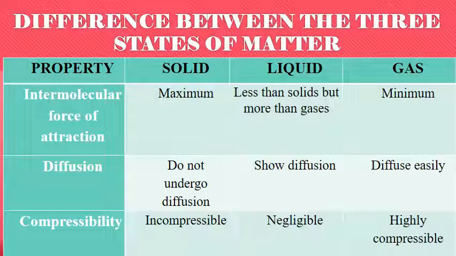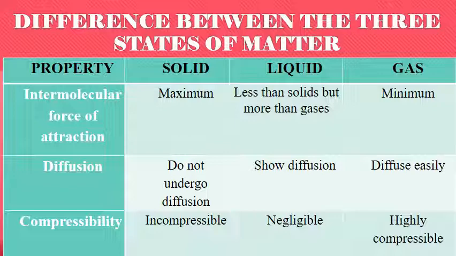Now what type of questions may come from this part of the chapter? You may be asked to write the difference in the properties between a solid and a liquid, or a liquid and a gas, or a solid and a gas, or even compare the properties between solid, liquid and gas.